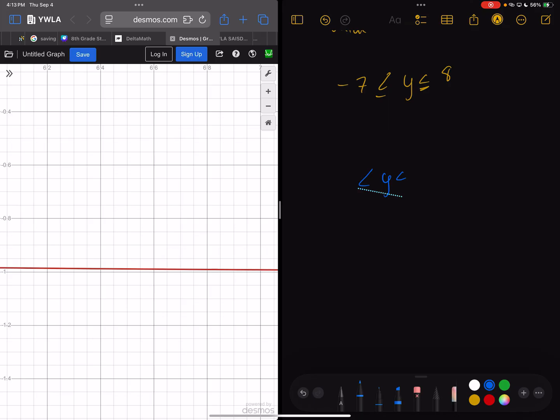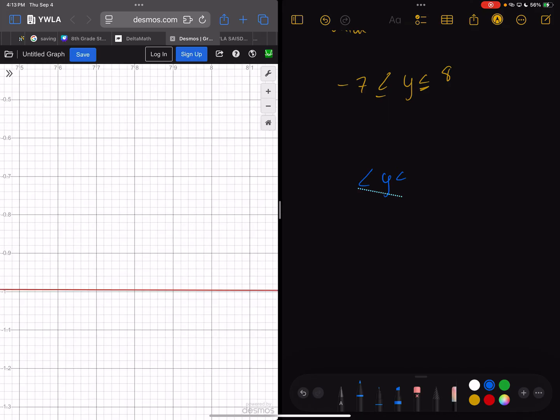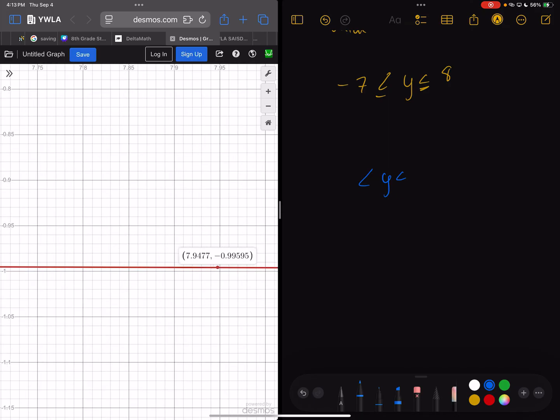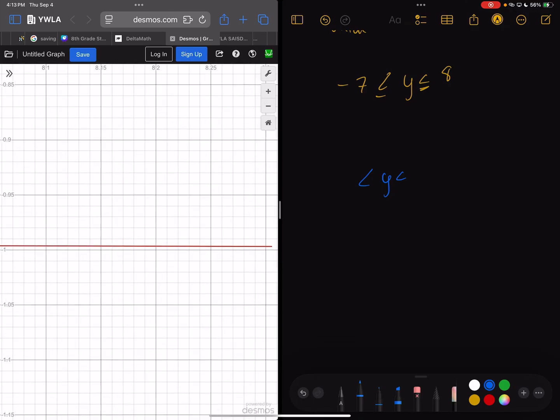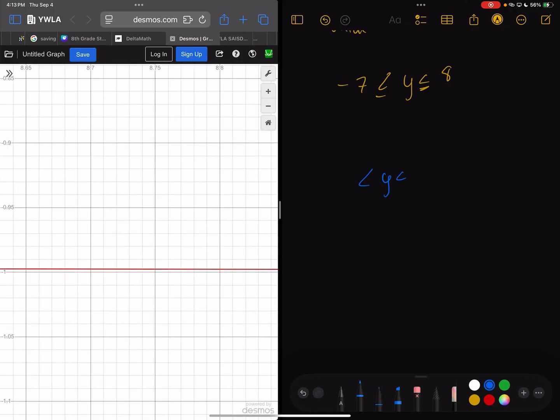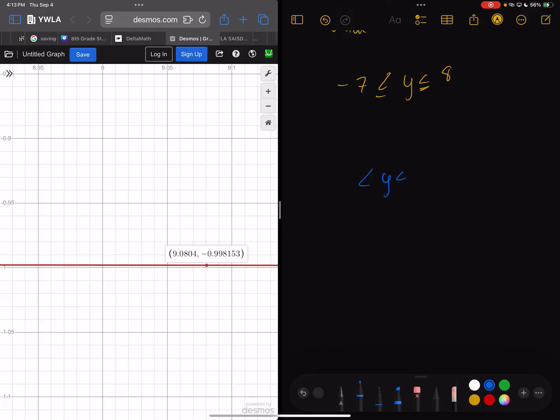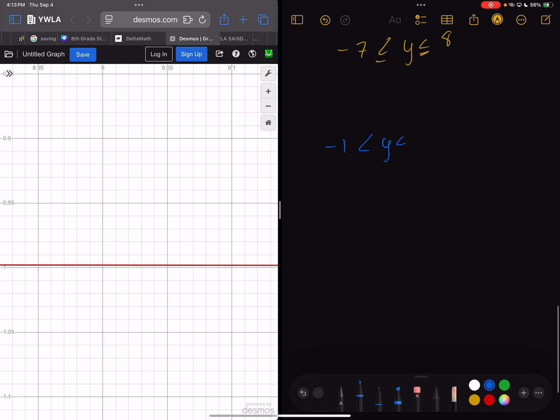No matter how hard I try, I will never ever intersect with that value, no matter how far to the right I'm going. See? But what value am I approaching? I'm closely approaching. Very good. I'm closely approaching -1. That's the lowest that my graph will go.